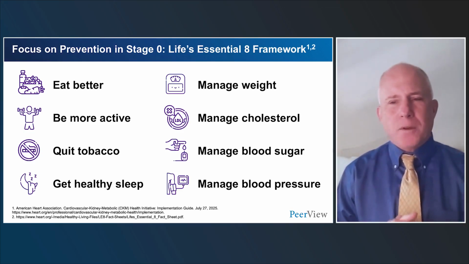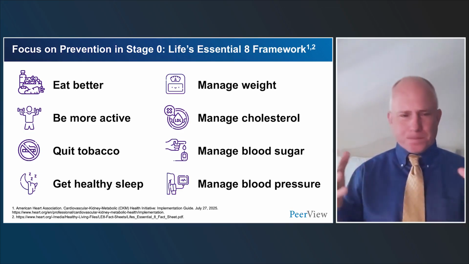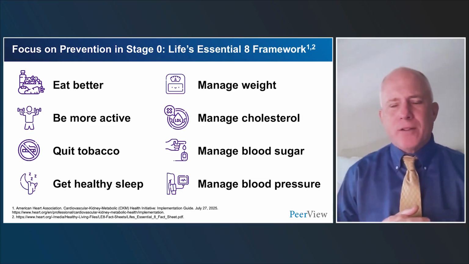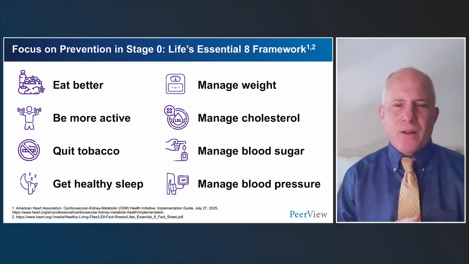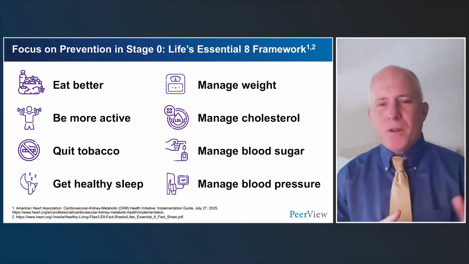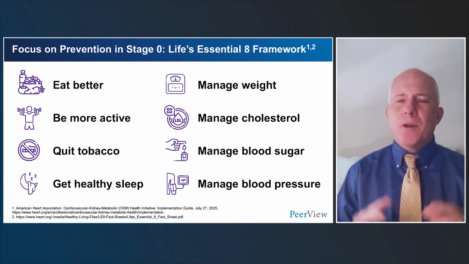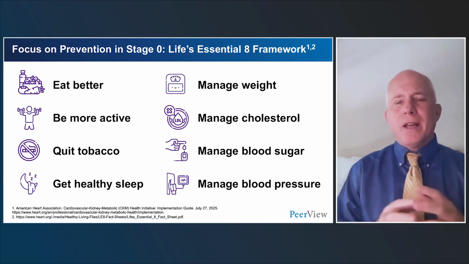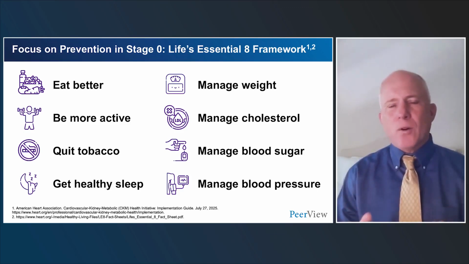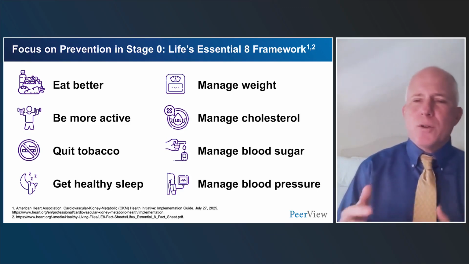Certainly avoiding any form of tobacco or nicotine product, kind of doubling down on the role of sleep as an important aspect in the maintenance of health. Managing weight, which is going to be addressed by all of those things on the left-hand side, but also letting people know, even when they start to get to the upper limits of normal or they're in the overweight category, to say, hey, there's something we can do to prevent this.